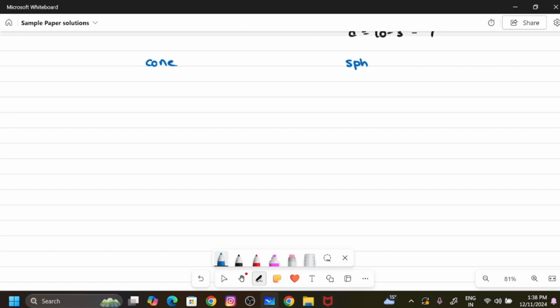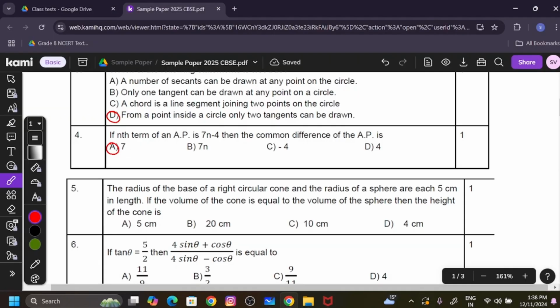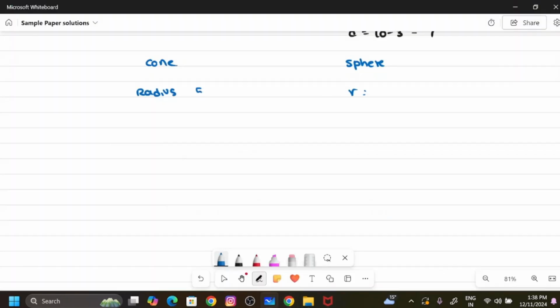Both have the same radius, 5 centimeters each. And the volume of the cone and volume of the sphere both are equal. Then we need to find the height of the cone.